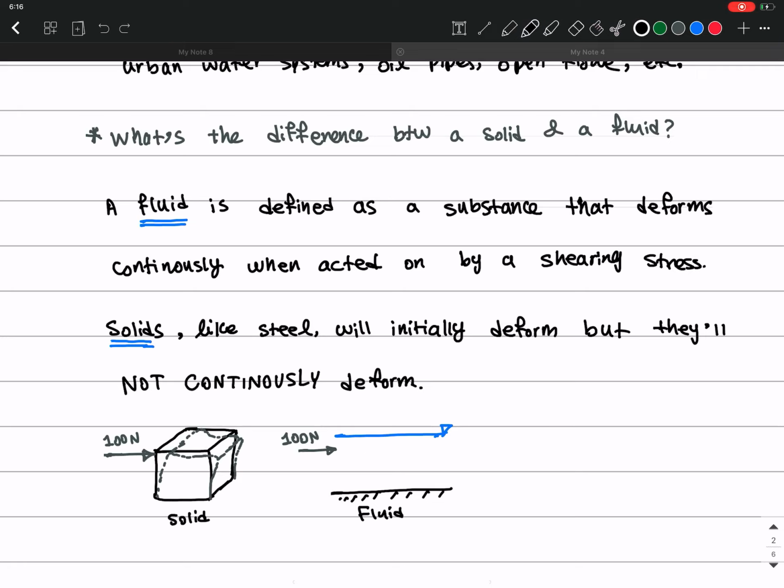It will find a speed once you apply a shearing stress to it, okay? So it will find some kind of velocity profile like this that we will show later on in the course.